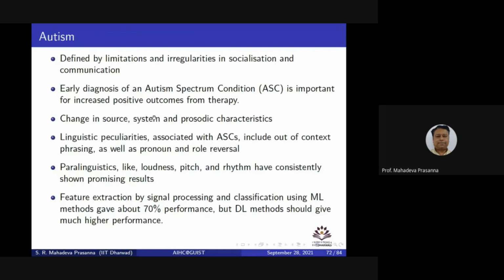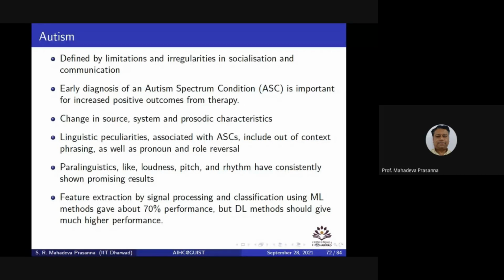Similarly, for autism, it is defined by limitations and irregularities in socialization and communication by autistic children. If you record speech data for a long time, you will have enough samples to understand the change in the source system and prosodic characteristics, which can be exploited.